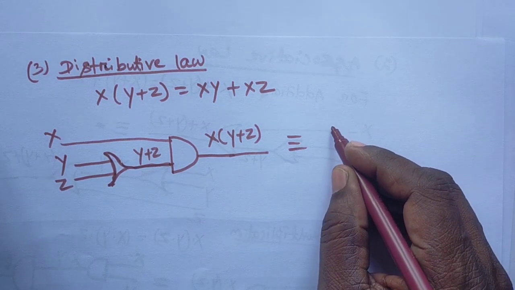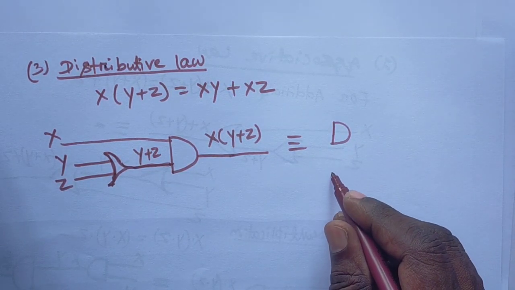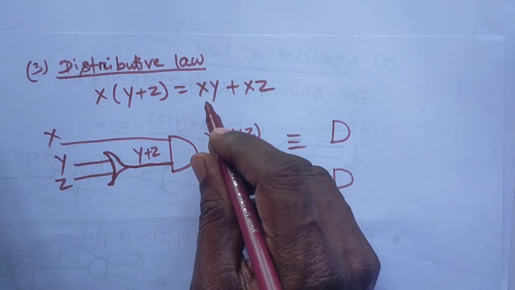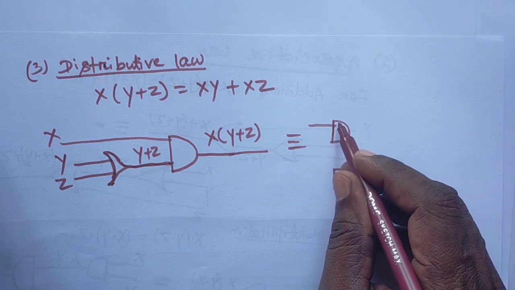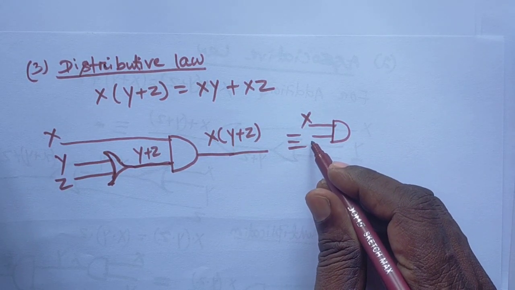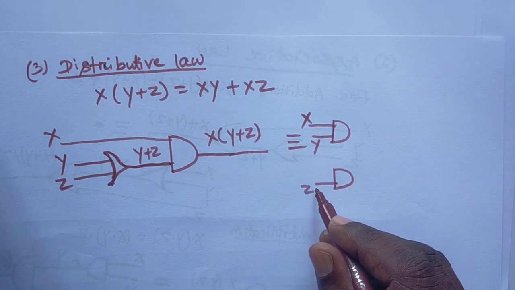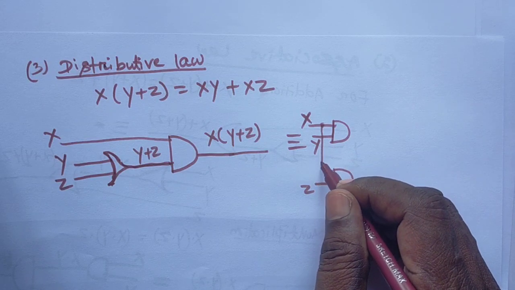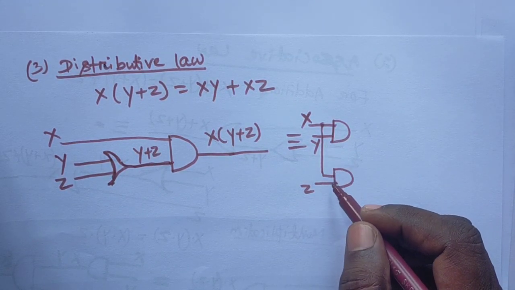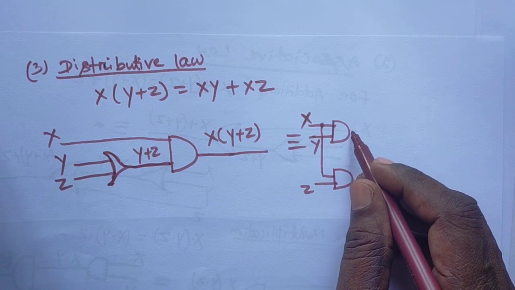Here we consider two AND gates, for xy and xz. One is x, another is y, here is z, and here also x.